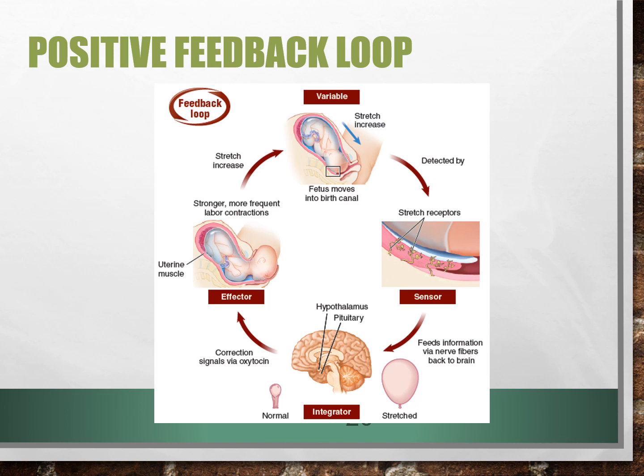A good example of a positive feedback loop is when a baby is born. So when a baby is born, as the baby is pushed from the womb or the uterus into the birth canal or the vagina, stretch receptors detect the movement of the baby.